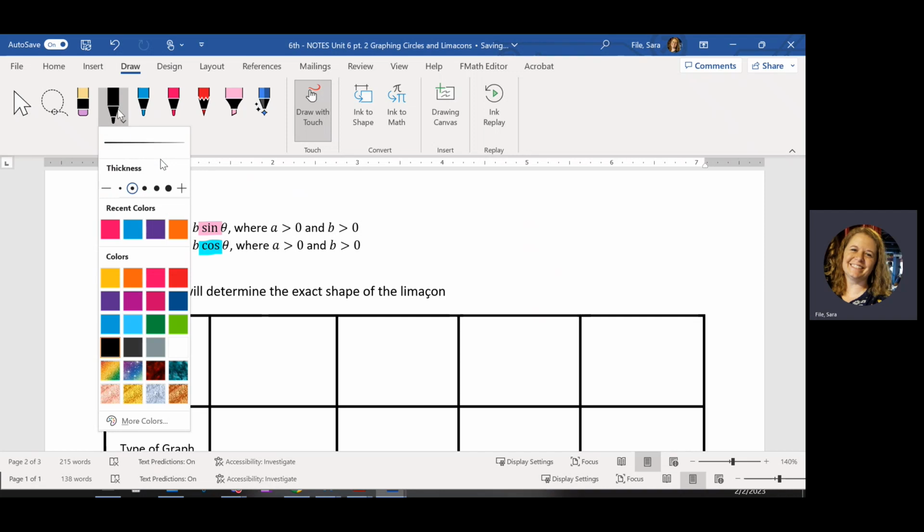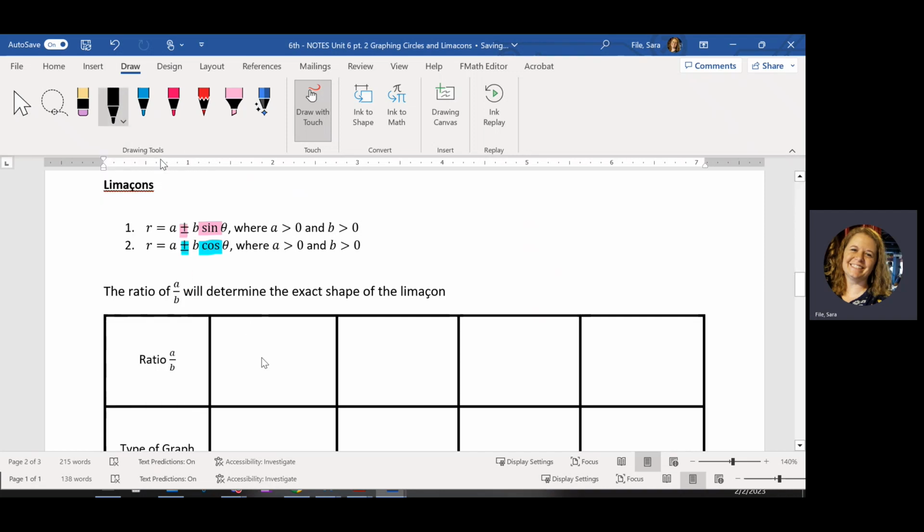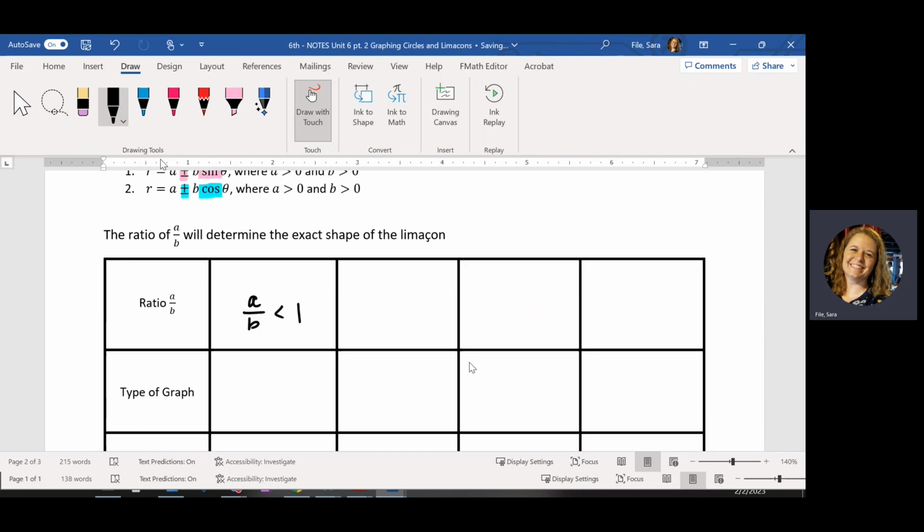Okay, so when we compare the ratio of A to B, there are 2 ways you can write this. I'm going to write it both ways, and you can refer to whichever one makes more sense to you. But if the A to B ratio is less than 1, what does that mean? How are A and B related to each other if this ratio is less than 1? Which one would have to be the bigger number?